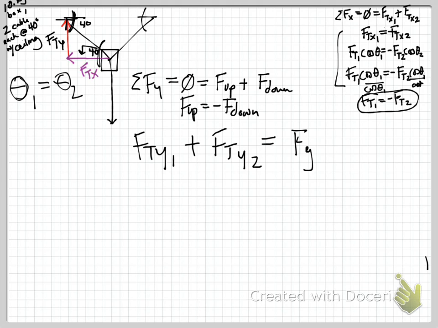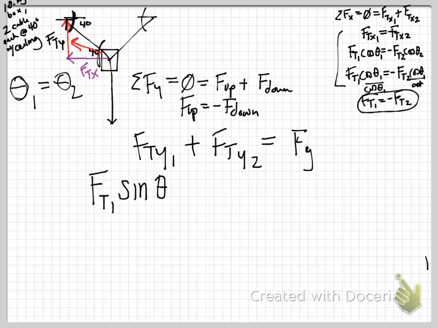No. So we have to do some more expression creation. I know. Everybody hates it. It's not just you. How would we express force of tension on the y? Going back to this picture. So let's get rid of that. And remember that the force of tension y is there opposite that 40-degree angle, sine. So force of tension on the y is going to be the force of tension in cable 1 times the sine of theta.